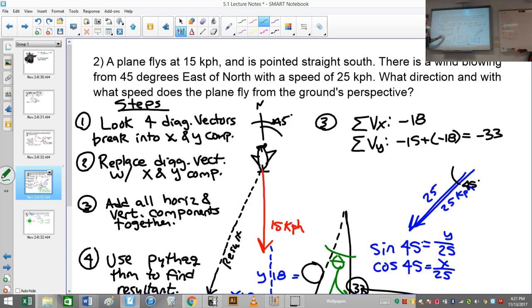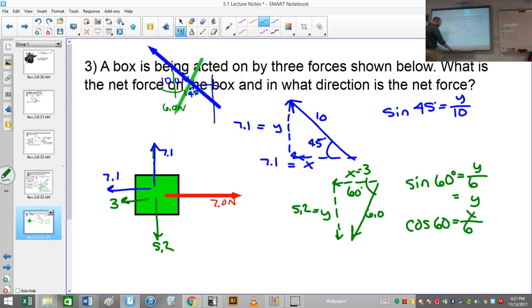Number 3, add all the horizontal and vertical component vectors together. So in engineering speak, add up all the forces in the x direction, all the horizontal ones. I've got 7 minus 3 minus 7.1, because I'm going to say positive is to the right. So 7 minus 3 is 4. 4 minus 7.1 is going to be a negative 3.1.